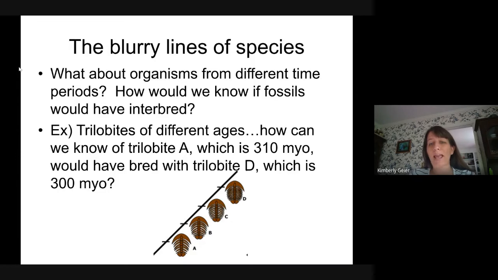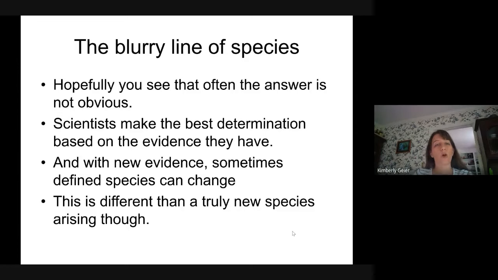What if trilobite A is 310 million years old and trilobite D is 300 million years old? How would we ever know if they would have interbred? Not only do we just have fossils, but now we've also got these things separated by time. Like we don't even have behaviors. We don't have DNA. So hopefully you can see that this is a harder question than you might have originally expected.